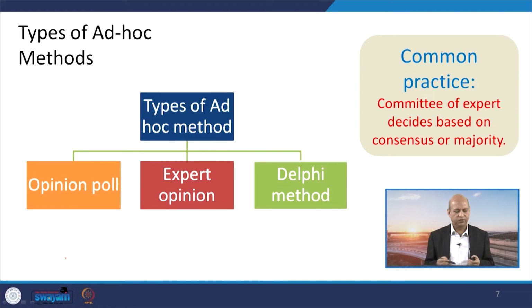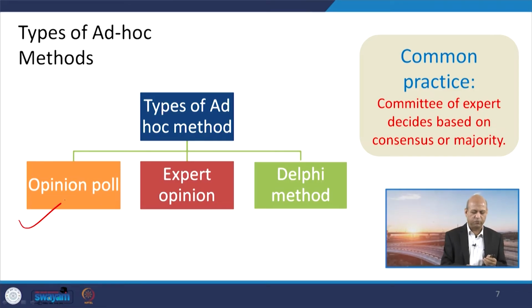Broadly speaking we can classify them, for example, opinion poll based: you can do a survey and ask the public also, and the public have their own intuition depending upon their span of experience.